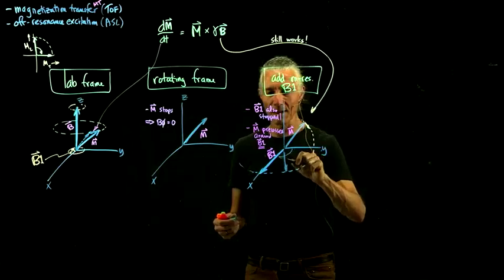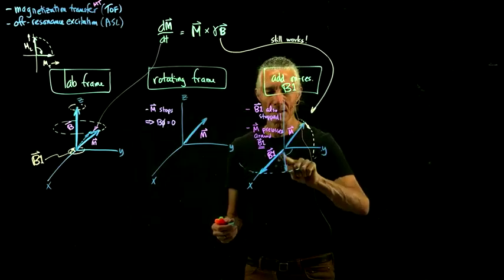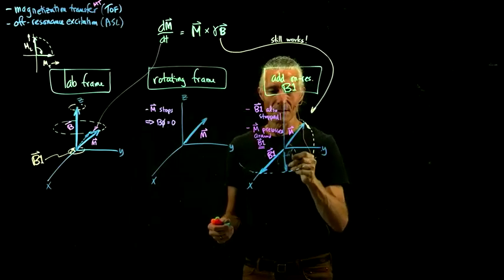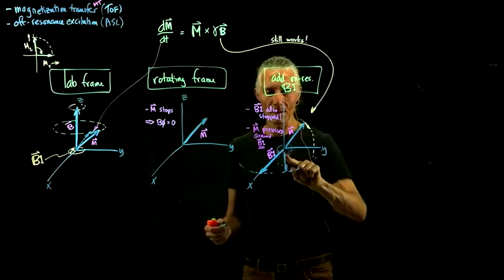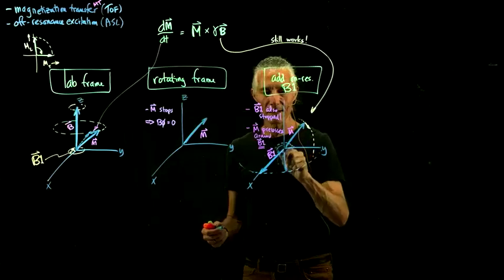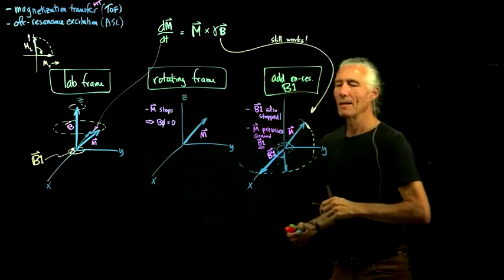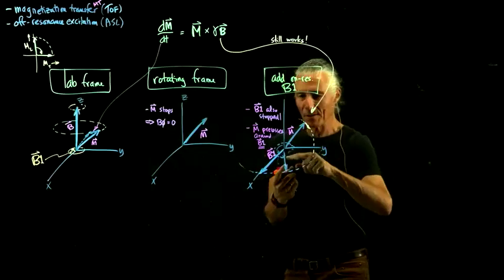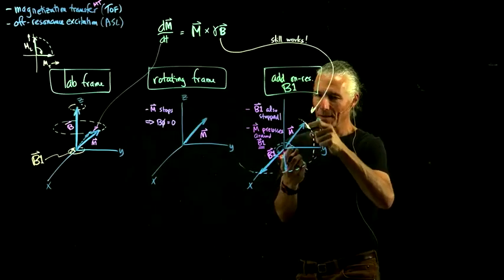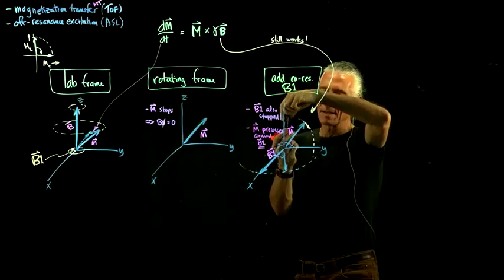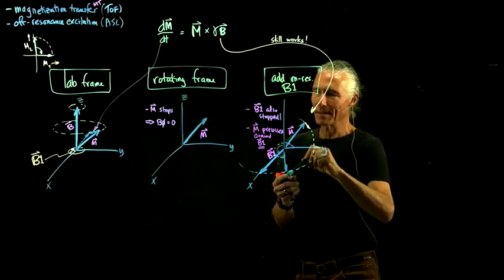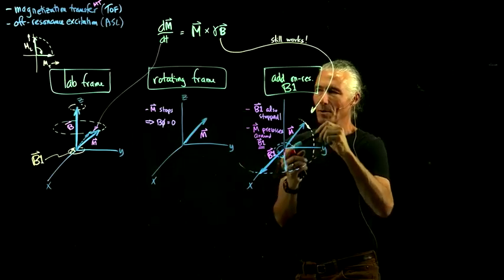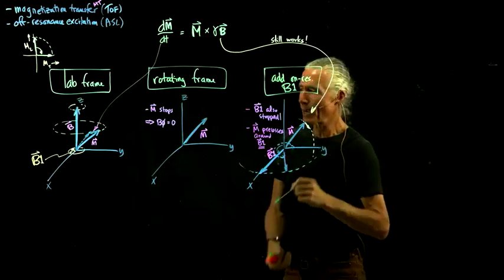Here's the phase angle of this one, but here's a different phase angle of this one that comes around like that. In that case you would have a different computation, and instead of aiming down toward the y-axis, if you put that different phase of the B1 oscillation, you would rotate in a different direction than straight down to the y-axis.